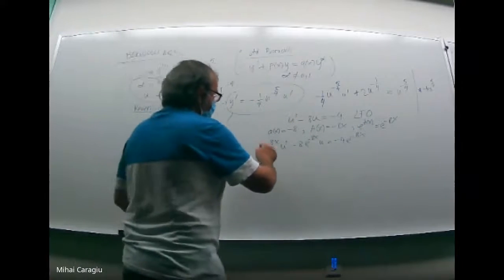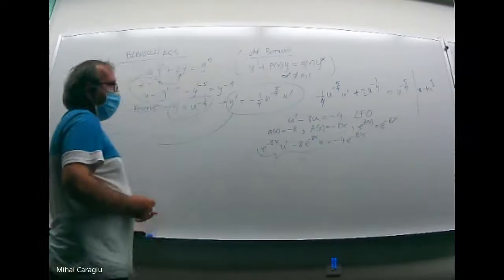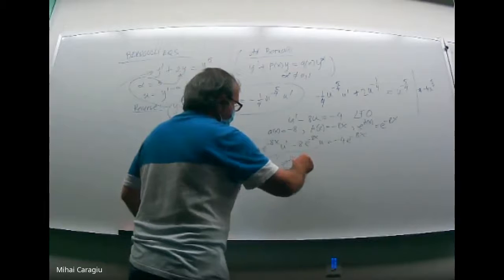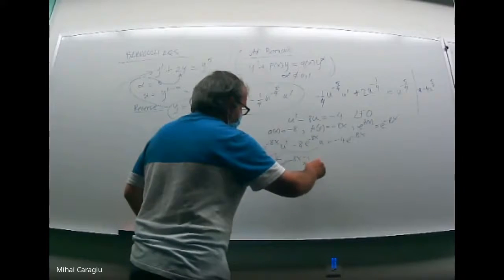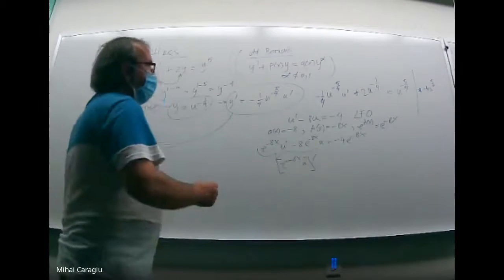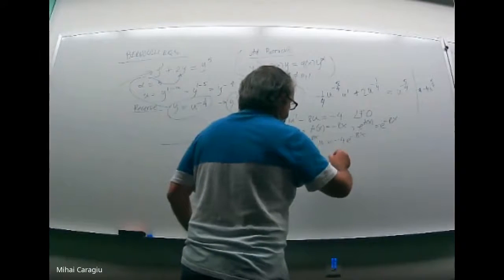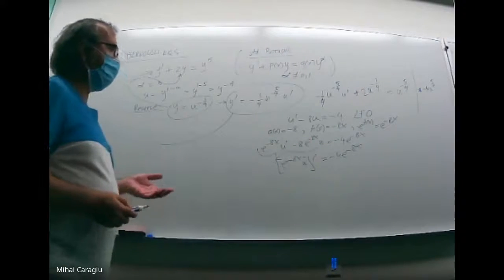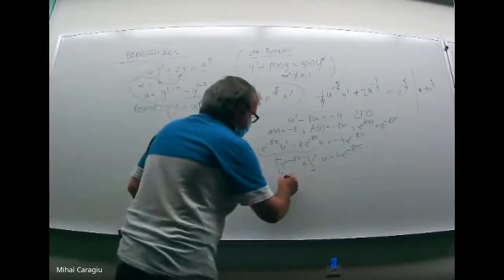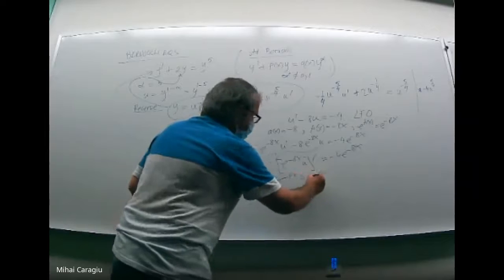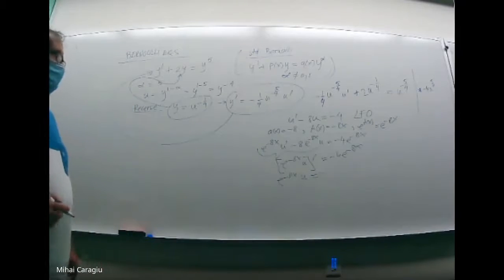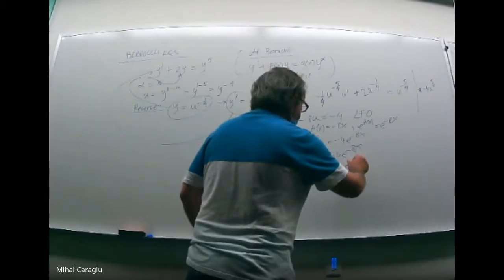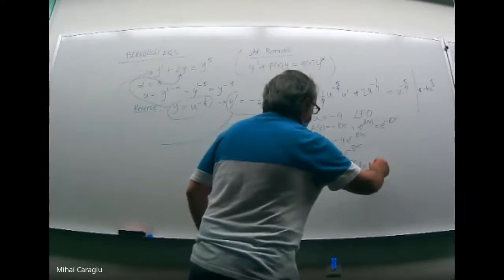On the left, we have a derivative of e to the minus 8x times u. So e to the power minus 8x times u, everything prime, equals minus 4 e to the minus 8x. Now integrate left and right, and we get e to the minus 8x times u equals the integral of minus 4 e to the minus 8x dx plus c.